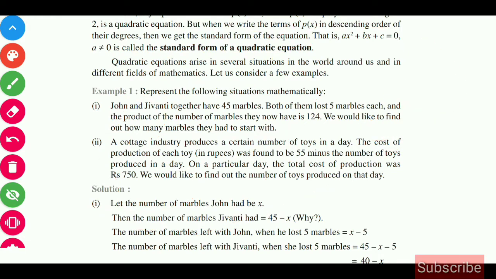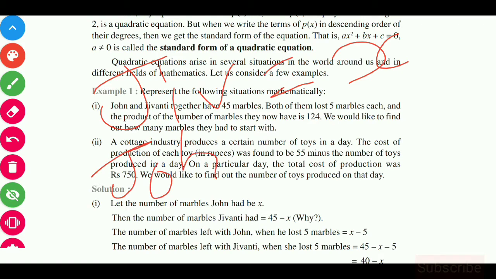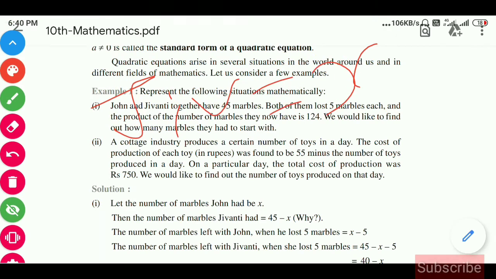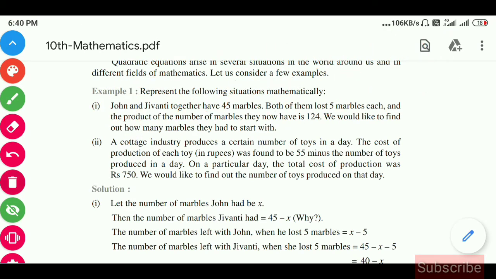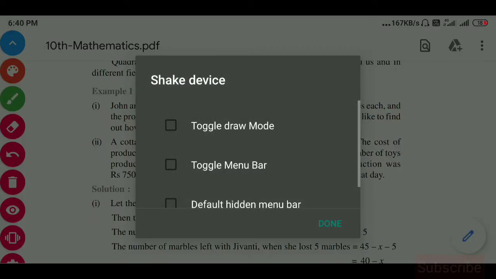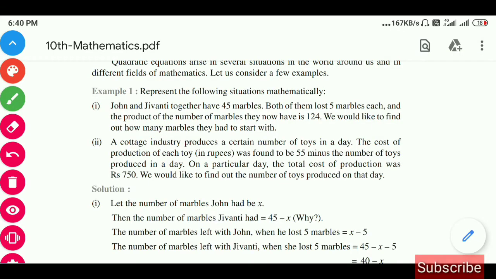You can also take it vice versa. Let the marbles with Jivanti be x, then the marbles with John will be 45 minus x. So after Jivanti lost 5 marbles, she will have x minus 5, and after John lost 5 marbles, he will have 45 minus x minus 5.